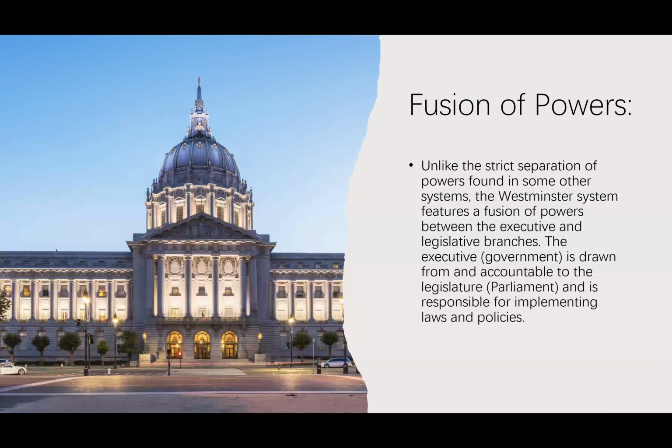The fusion of powers now. Unlike strict separations of power found in some other systems, the Westminster system has a fusion of powers between the executive and legislative branches. The executive government is drawn from, and accountable to, the legislature, right? So remember, it's the parliament, the prime minister generally within our countries, or the president, I guess, who would have formed the parliament, and then selects the executive.